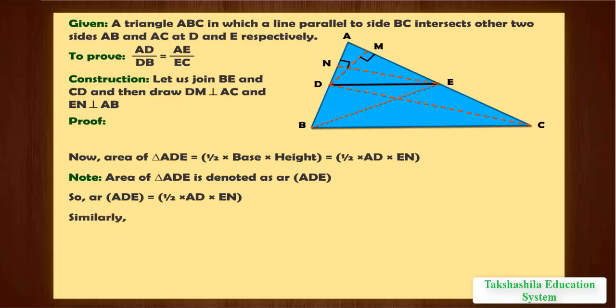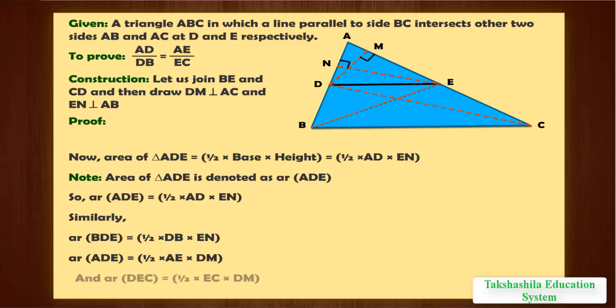Similarly, area BDE is equal to 1 upon 2 into DB into EN. Area ADE is equal to 1 upon 2 into AE into DM. And area DEC is equal to 1 upon 2 into EC into DM.